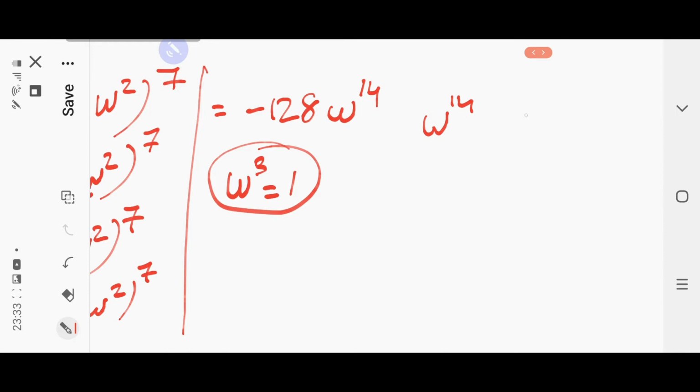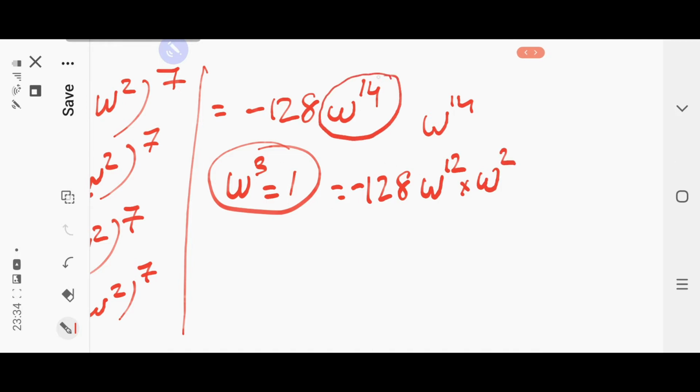So −128 times ω¹⁴. You can write ω¹⁴ in the multiples of 3, as ω¹² into ω².